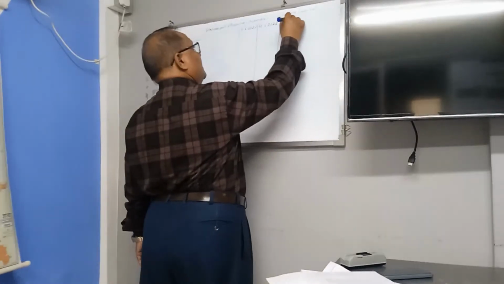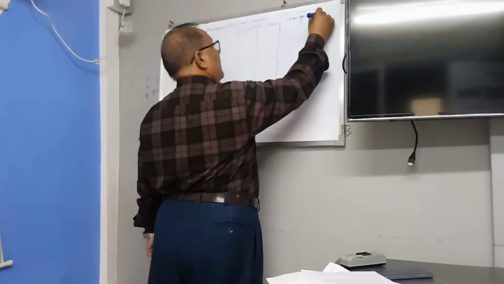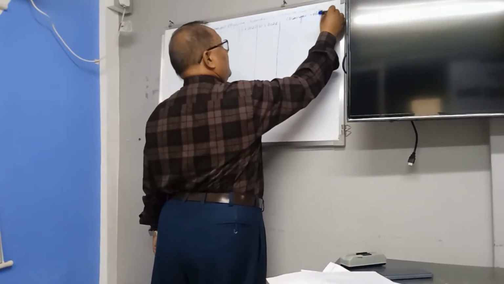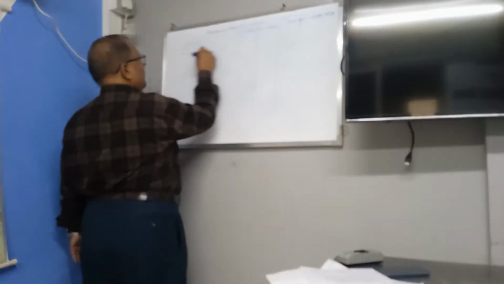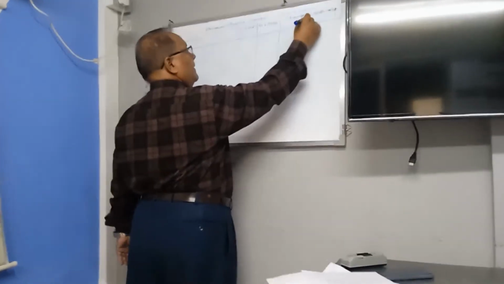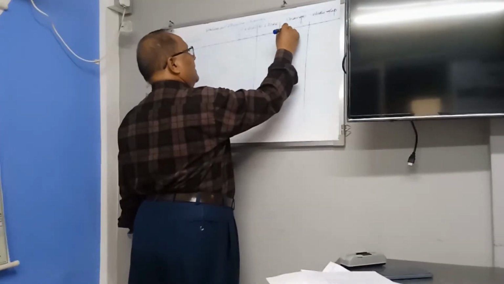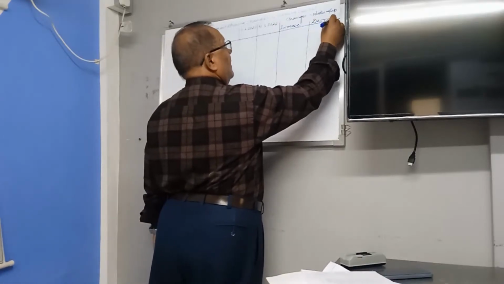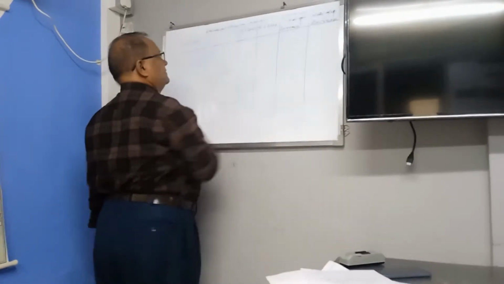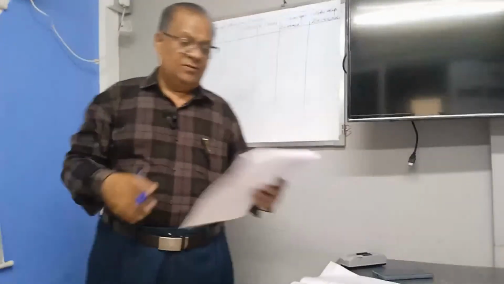Then changes in working capital. So in that column first will be increase, decrease; increase and decrease, this column. Now first, what do we have to do?